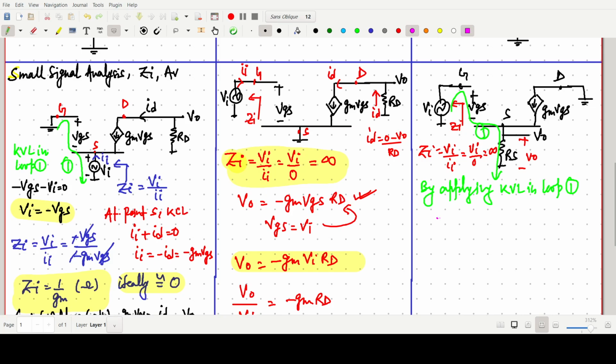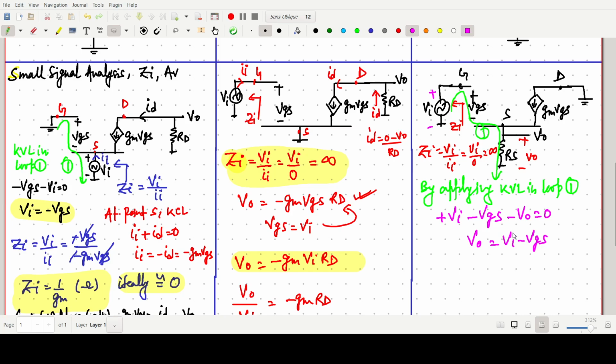Simply plus Vi minus VGS minus V naught equals 0, or V naught equals Vi minus VGS. Is it okay? Simple expression.